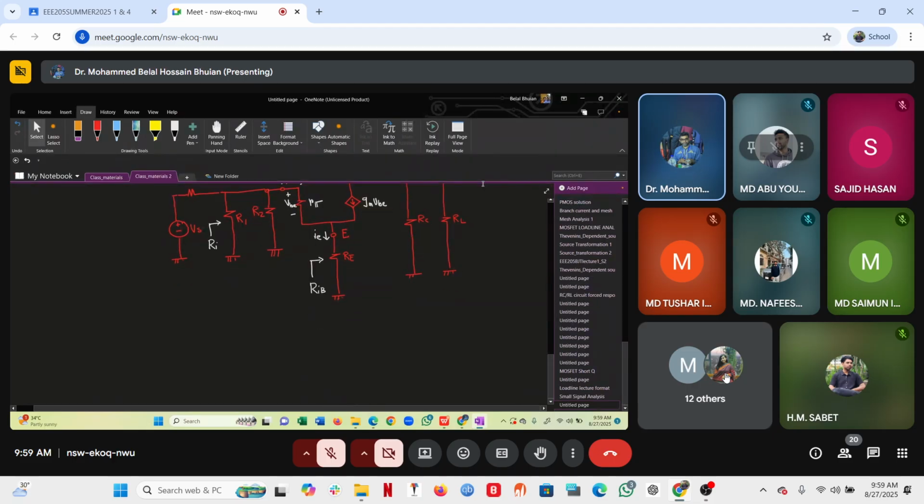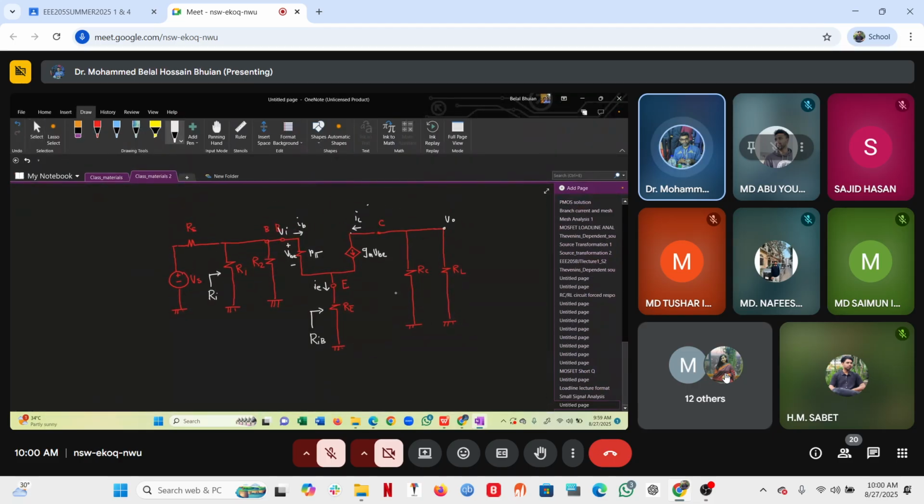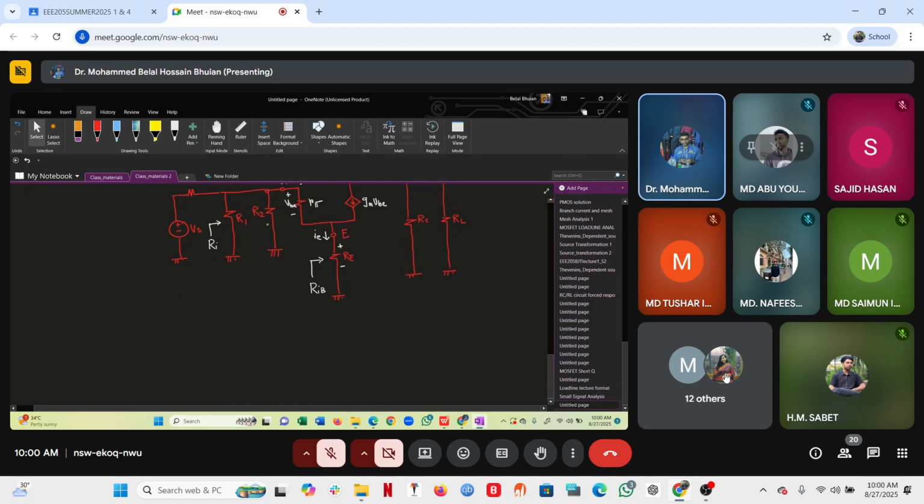In order to find VI, if we apply a KVL from ground up to that point, like this, going plus, minus, plus, minus, we get plus IE RE, this voltage drop, plus this voltage drop, plus IB R pi, is equal to VI.